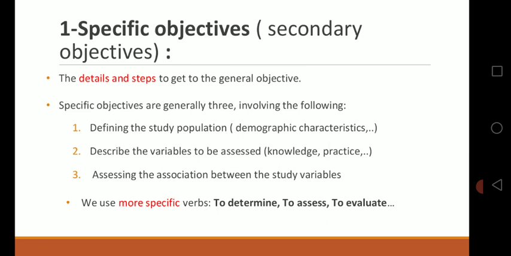Okay, and then the third objective هو assessing the association between the study variables. تمام، ودي ما حاجة ثابتة، دي يعني according to your study the specific objectives differ from one study to another. المهم هم دايما بيكونوا عبارة عن 3 objectives describing the steps that you are going to do to get to the primary objective. تمام. We use more specific verbs.